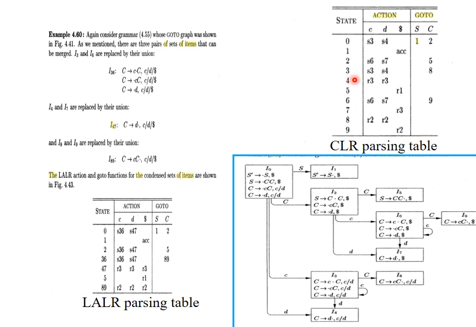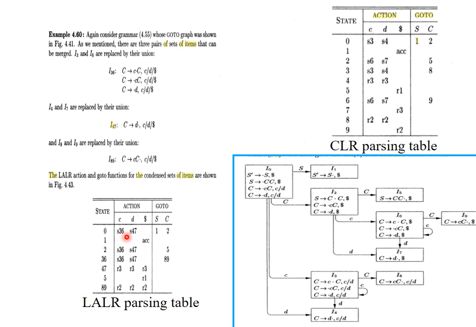Similarly, in the case of 4 and 7, state 4 has R3 and state 7 has R3 under dollar only. So while we combine them, we merge it here as R3, and 4 will be replaced as 47.